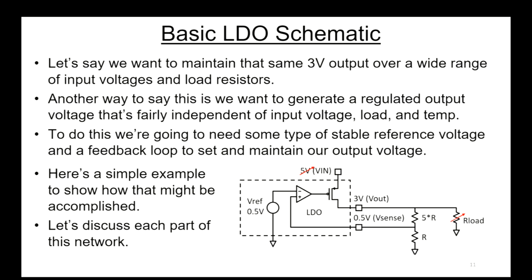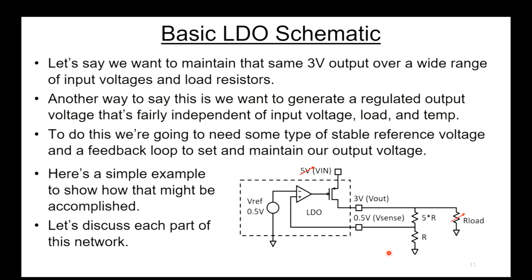So let's say we want to maintain that same 3-volt output over a wide range of input voltages and load resistors. So we want to vary the input voltage all over the place. We want to pull different amounts of load current out, but we want our output to sit right smack at 3 volts all the time.